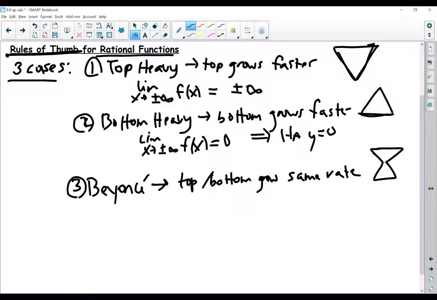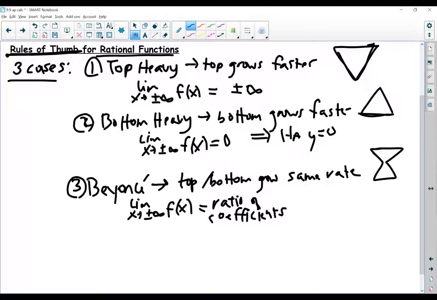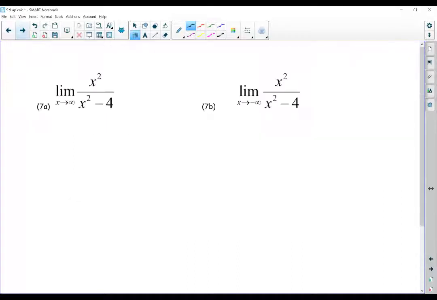If that's the case, whatever this ratio is, that's what your limit is going to be. So here, the limit as x goes to an infinity is going to be the ratio of coefficients. You will also be able to recognize this, because if you found an end behavior model, you will always end up with a constant in a Beyonce case. So it's top heavy, bottom heavy, or Beyonce.